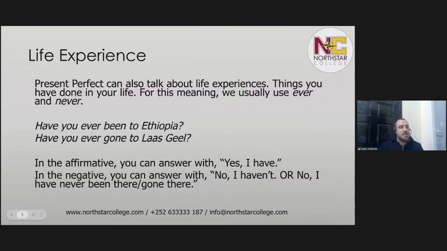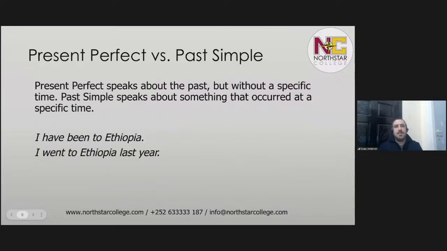The last point I want to talk about today is the present perfect versus the past simple. Basically, there's one major difference between the two: present perfect speaks about the past, but without a specific time. Past simple speaks about something that occurred at a specific time. So I have been to Ethiopia. That is in the past, but I don't know at what time it was. It could be last year, it could be 10 years ago, it could be last week, but you have completed that action.